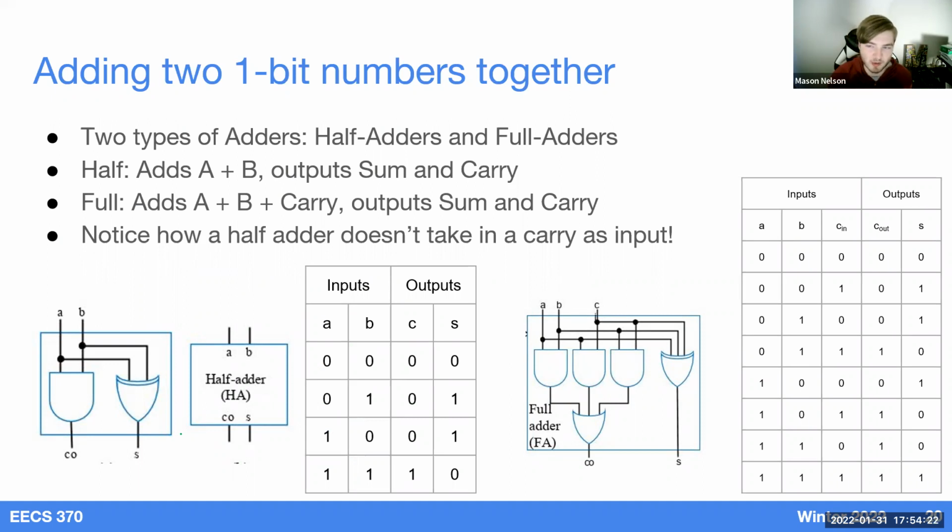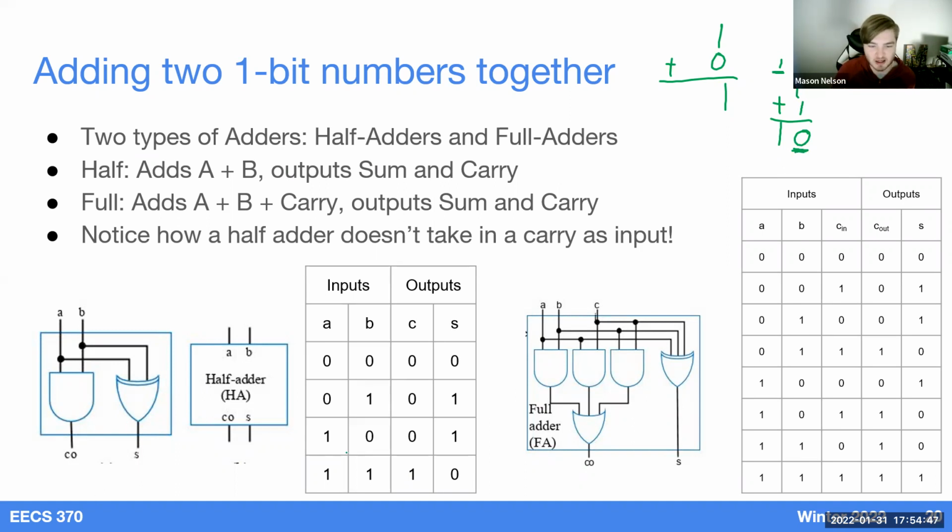And if we remember, if we just add 2 bits together, most of the time we'll just add them. So this 1 plus 0 would be 1. But if we have 1 plus 1, for example, we're going to put a 0 and carry the 1. And that's going to be 2. And so we're going to take this carry bit here and this sum bit and represent it with gates.